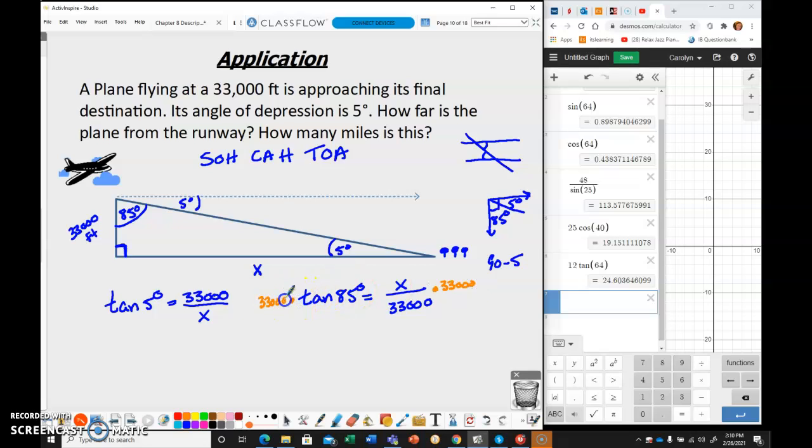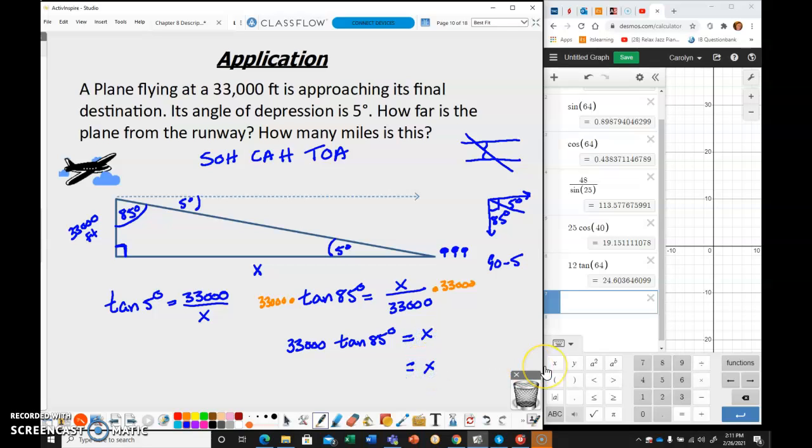And you could have done the other one. It would have been fine. You could either reciprocate both sides or multiply both sides by X. You should get the same answer. You know I'm lazy, so I try and find the easiest one. 33,000 times the tangent of 85 degrees should equal my X.